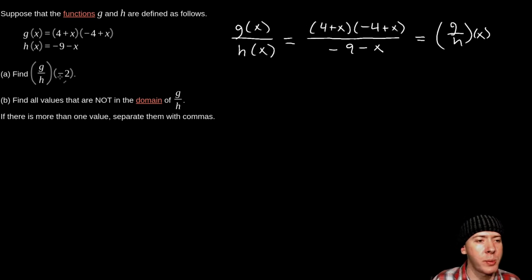So this first part is asking us to plug in negative 2 to this quotient function here. So really all we have to do is plug in negative 2's everywhere that we see x's in this fraction that we've made. So I'm going to start by writing this, but I'm going to open up some parentheses where the x's are.